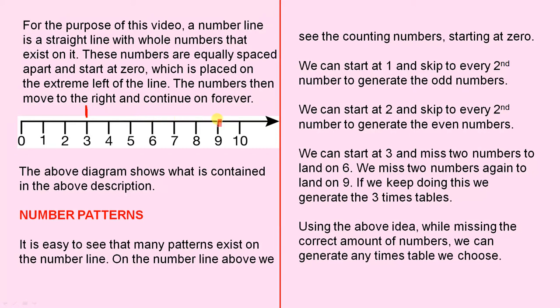Then you go to 9, because we missed 2 numbers. Then you go to 12, and you keep going, and that gives you the 3 times tables. Using the above idea, while missing the correct amount of numbers, we can generate any times tables we choose.